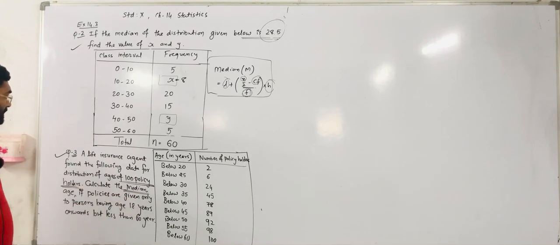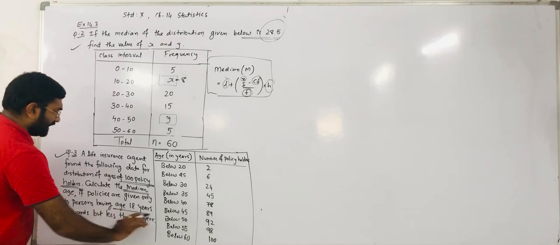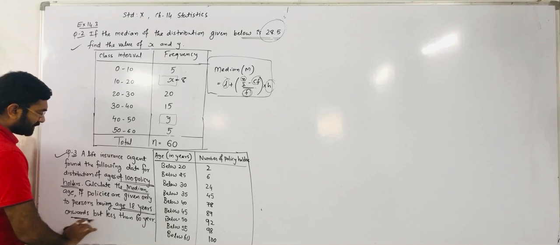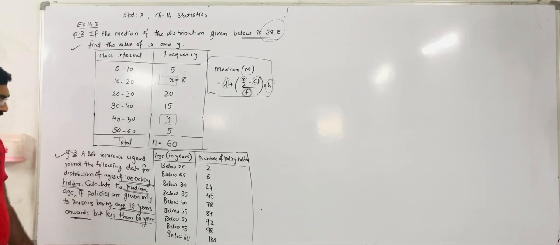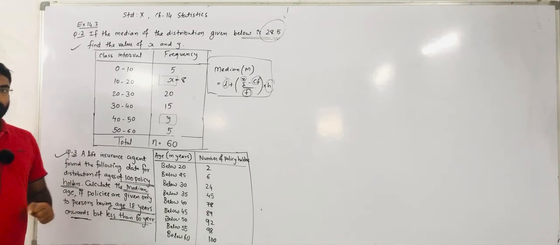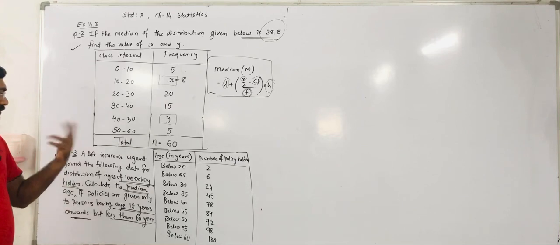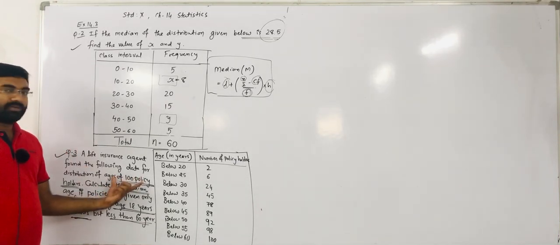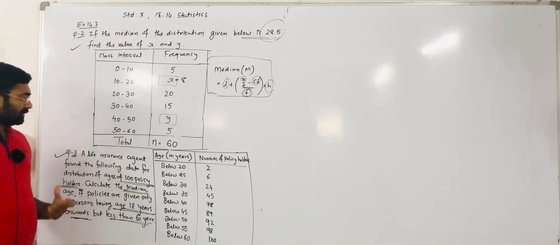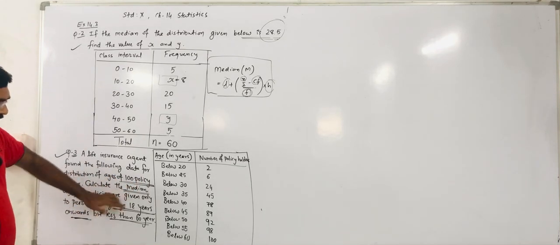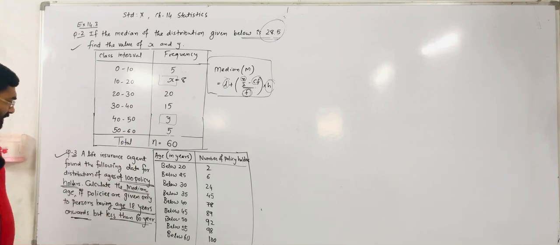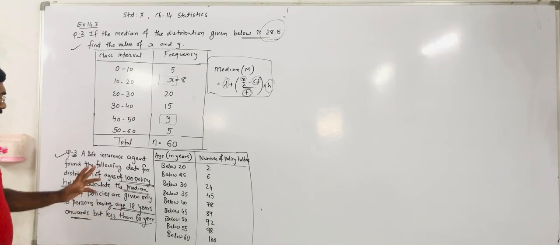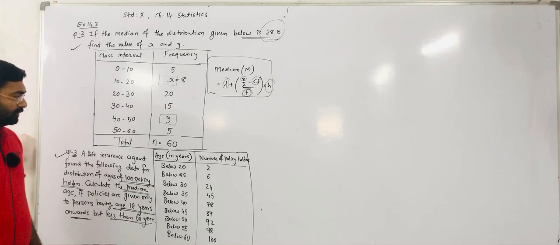The policy holders are given only to persons having age 18 years onwards and less than 60 years. One insurance agent distributes the policies, and he has 100 policy holders, and the age is between 18 to 60 years. They give the data that way. So we have to find out the median age of those policy holders. So how can we find it out?